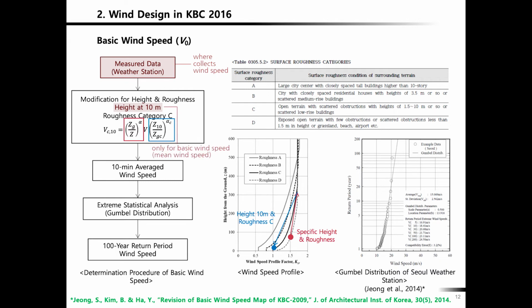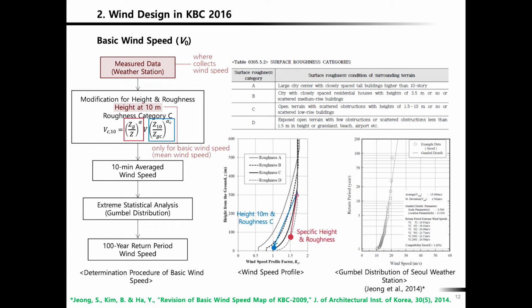When we call basic wind speed, mean wind speed, that is in reference to the 10-meter height from the ground. When you say, okay, Busan area, Haeundae area, I have a mean wind speed of, I don't know, maybe 30 meters per second, that means 10-meter height of that site. But when we measure, it's not necessarily 10 meters. It's different, okay?